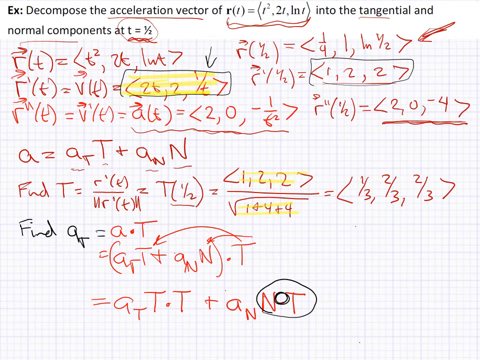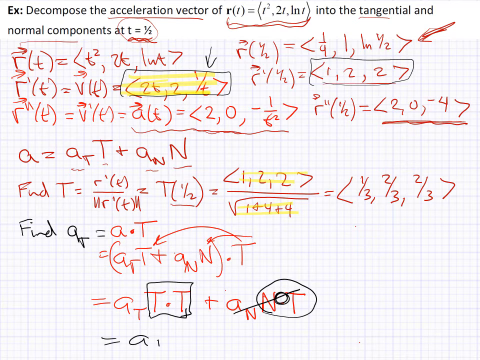So then that means this is a sub n times 0, so that's just gone. Also recognizing that t is a unit vector, the dot product of a vector with itself should just give you the square of the magnitude. So in which case this should be 1 squared, which is just 1.